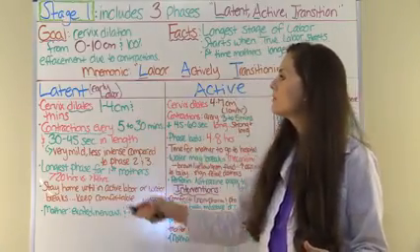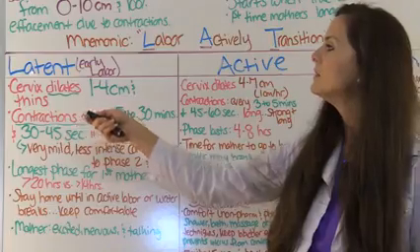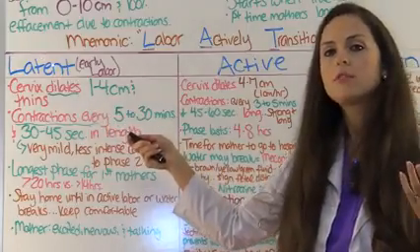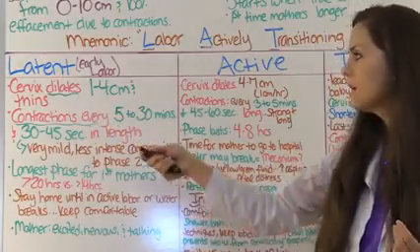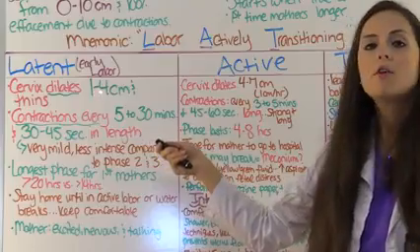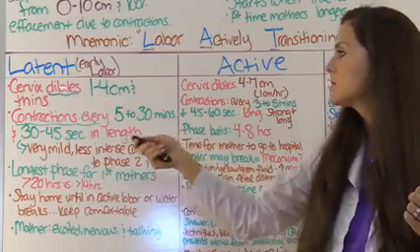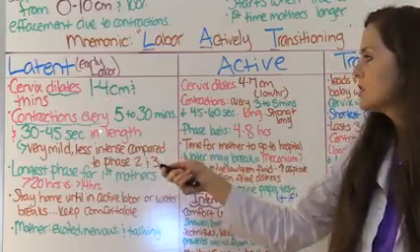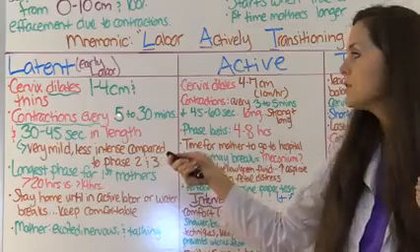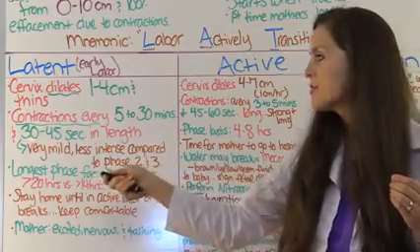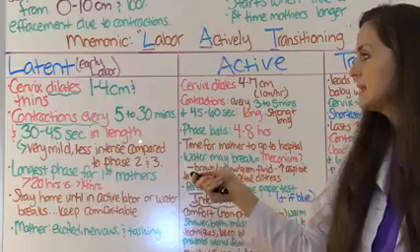Okay, so let's look at the first phase. This is called the latent phase, or sometimes referred to as early labor. The cervix is going to dilate from 1 to 4 centimeters and thin. Contractions will be every 5 to 30 minutes and 30 to 45 seconds in length.